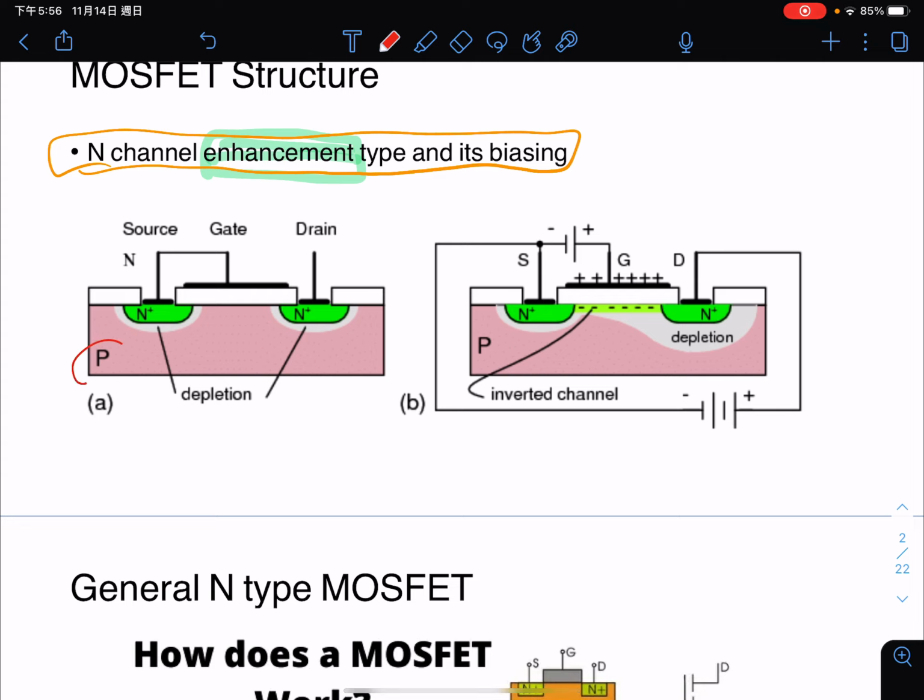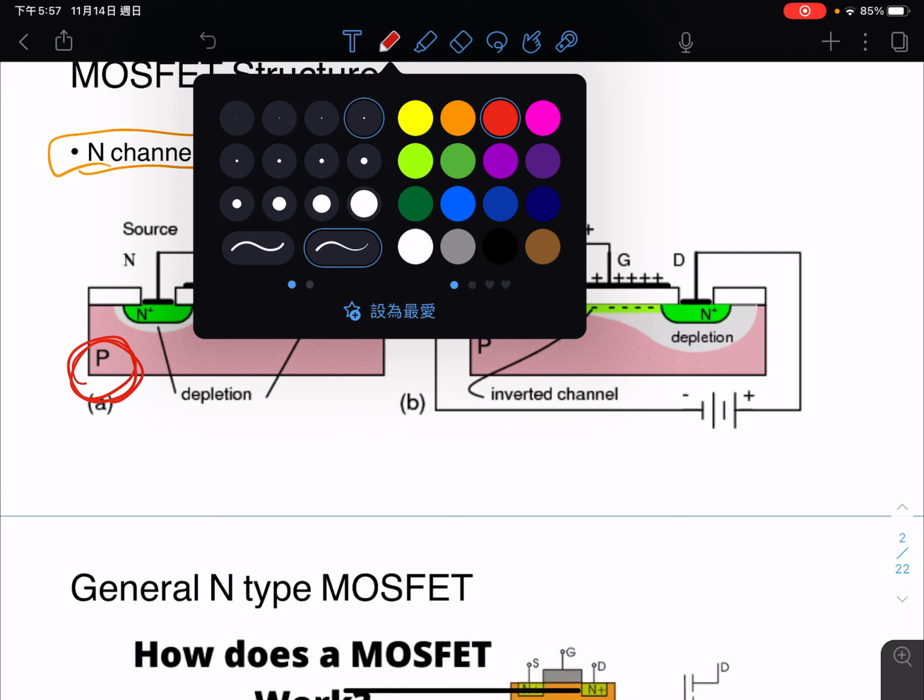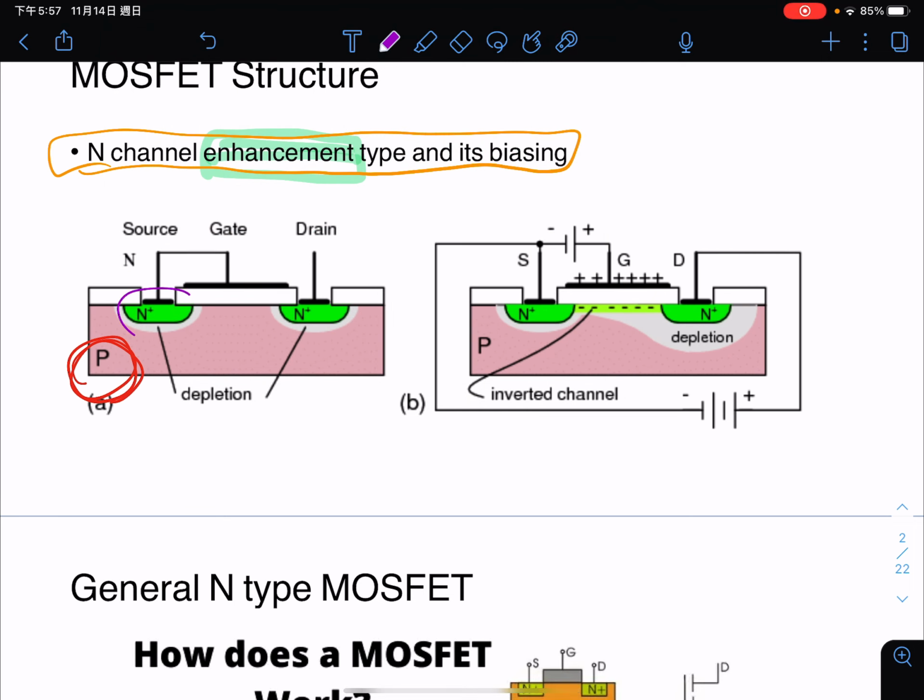This is the P material, and we have very small N material here and here, and we have metal here.